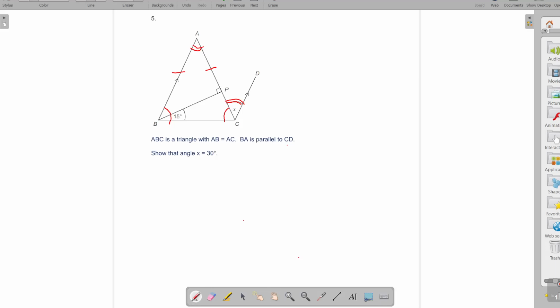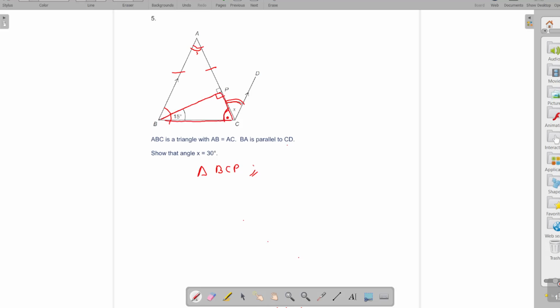To do that, we'll find this angle first, right? If we do that, then we can find that. So the approach is, we know this is 90, right? So we can find this angle. So if you take triangle BCP, this is a triangle BCP, the one.